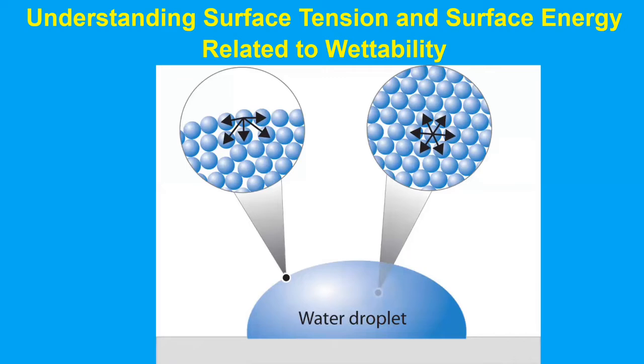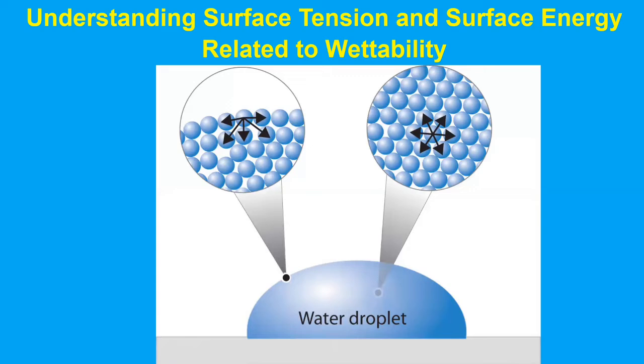There are two types of attractive forces: intermolecular forces and intramolecular forces. The intramolecular forces are attractive forces existing within the molecules, and the intermolecular forces are forces existing between the molecules, not within the molecules.